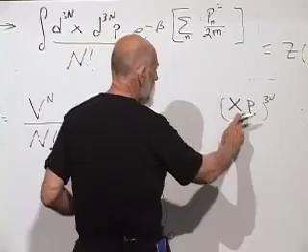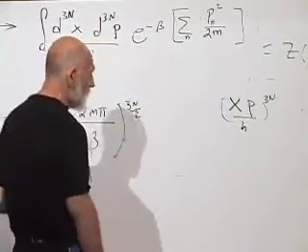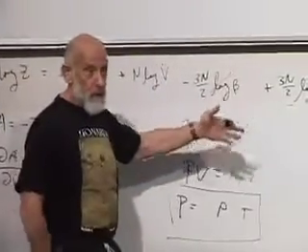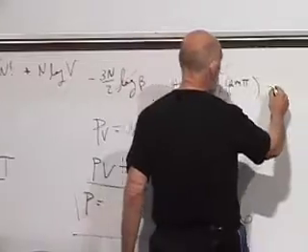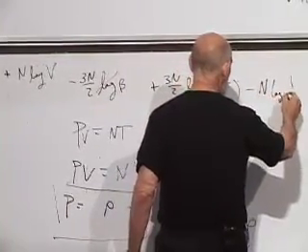Every time we see an x times p, we divide by Planck's constant, and that gives us some factors of Planck's constant. What will it do in the partition function here? It will give us another minus n logarithm of Planck's constant.